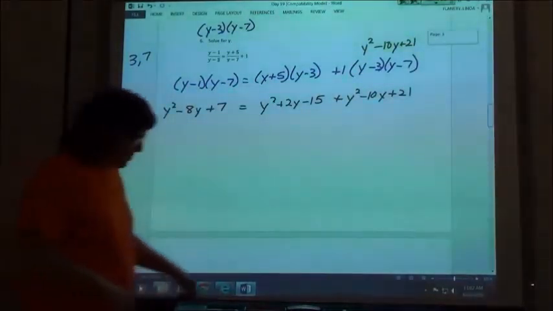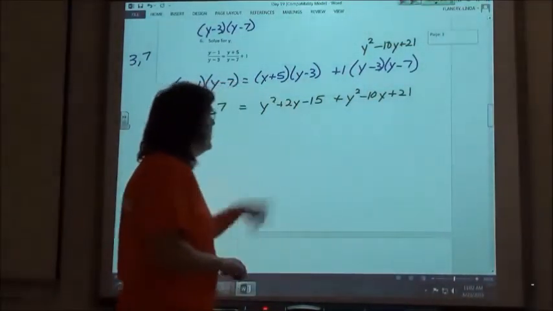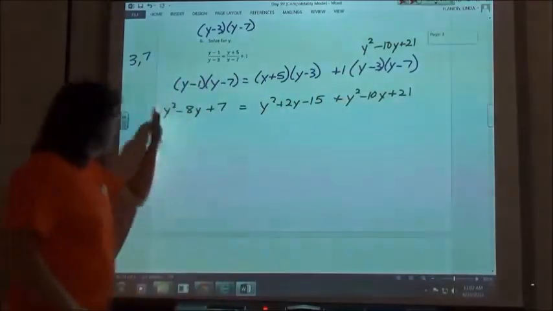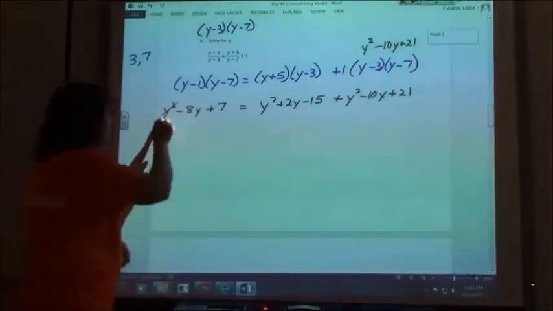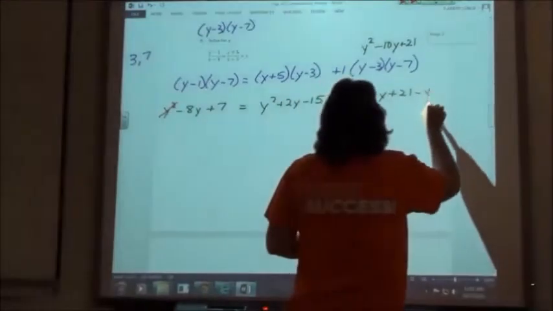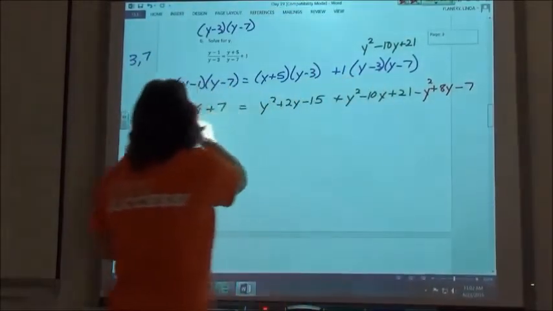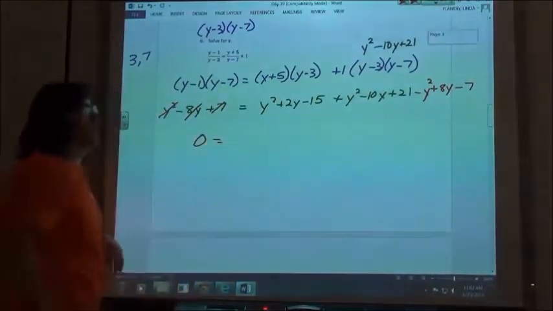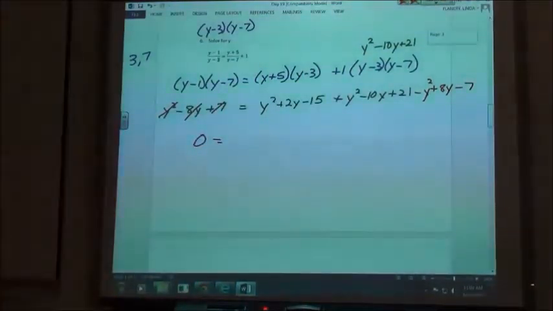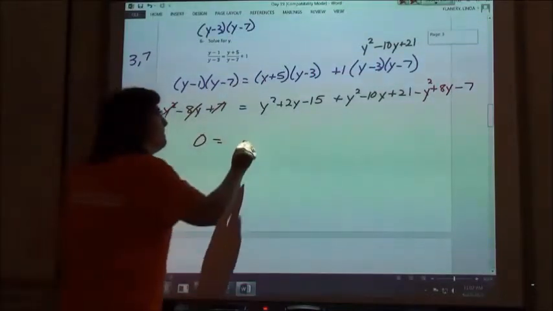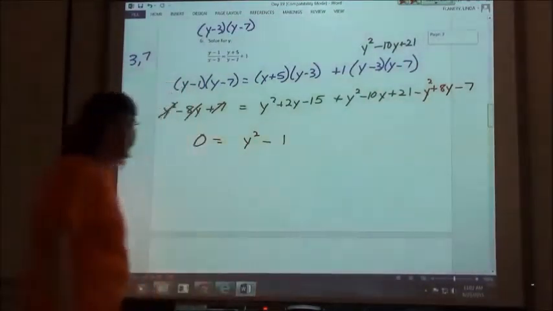All right, so I've got 2y squareds over here, which means I'm going to move that stuff over to the other side. I'm going to minus my y squared, add my 8y, and minus my 7. So if I combine my like terms, I'm going to get y squared minus 1.